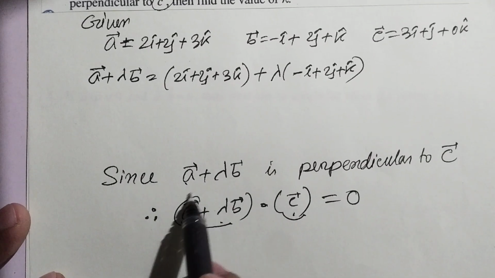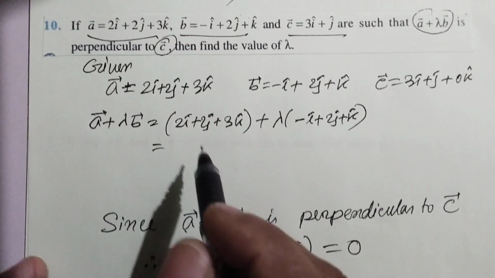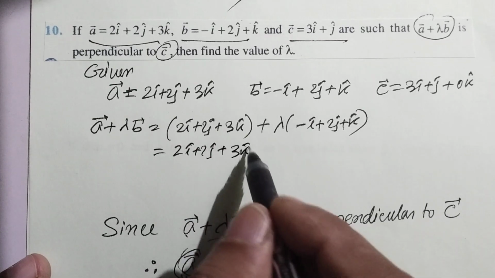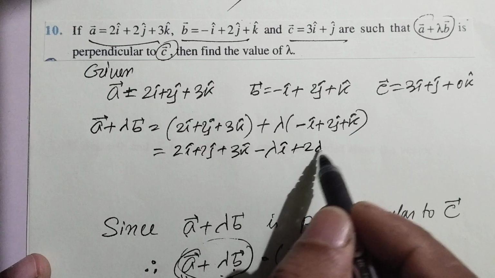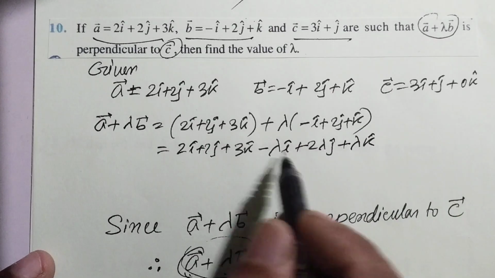So at first we have to find out this term, that means a plus lambda b. So I am finding here a plus lambda b. It will remain the same, 2i, 2j, 3k, and the second vector is multiplied by lambda, so it will be lambda i plus 2 lambda j, lambda multiplied, so lambda k. Now I'll take i together.